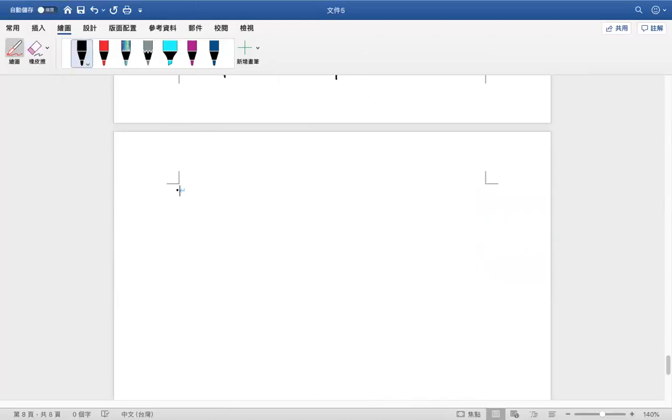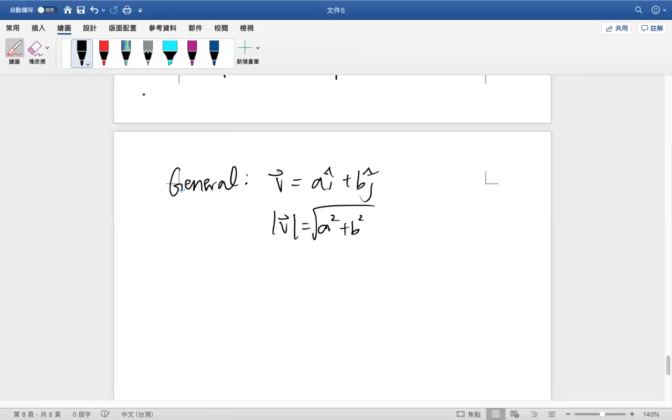In general, if V is Ai plus Bj, then the length of V is just the square root of A squared plus B squared. It's good to remember this, and it's easy to remember because it's just like Pythagoras, right?